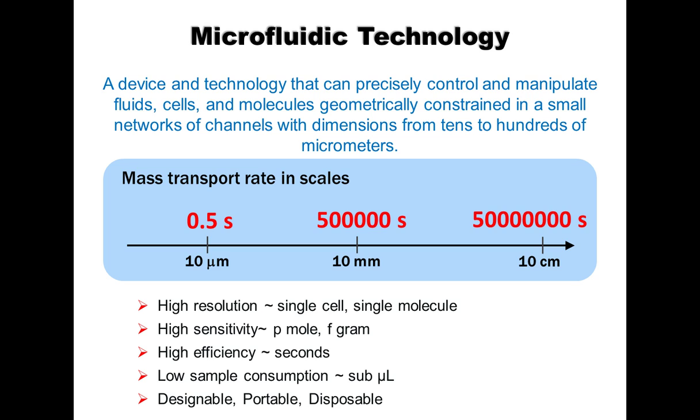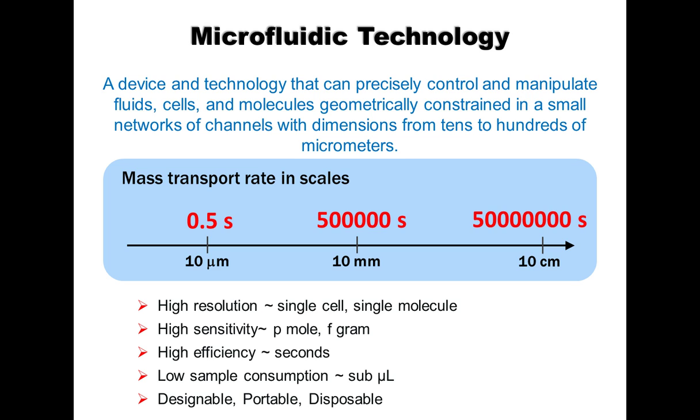If we look at a bigger scale, like 10 millimeters, for a cell or molecule to transport through such a length, it will take more than 500,000 seconds, which is equal to 6 days. It's super long. But in the micro scale, this transport process can be much faster.